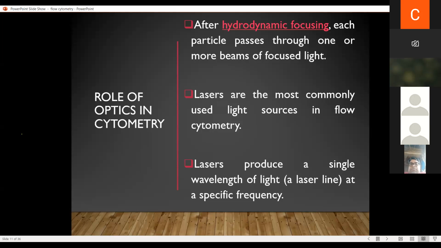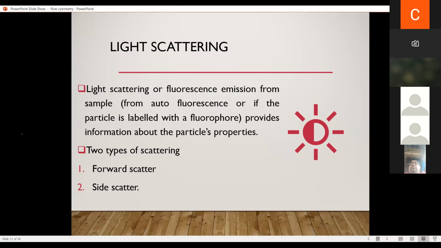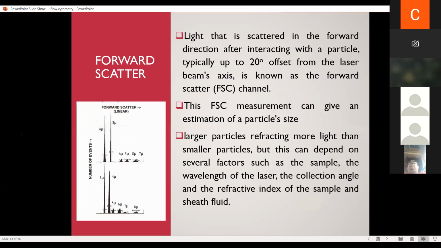Laser produces a single wavelength of light at a specific frequency. There are two kinds of light scattering, forward scatter and side scatter. When a particle comes across the laser light, it scatters this laser light either in a forward direction, which occurs at 180 degrees, or as side scatter, which occurs at 90 degrees.